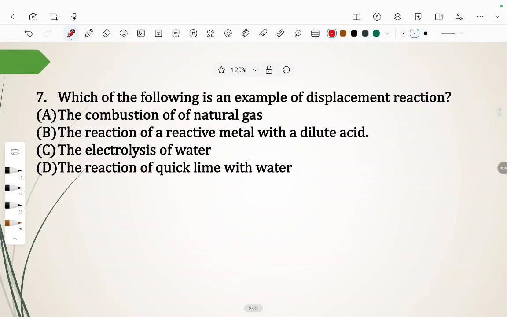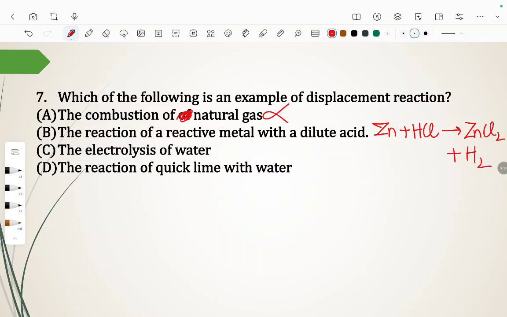Clearly you can see the combustion of natural gas. Is it true? Is it an example of displacement reaction? No. The reaction of a reactive metal with a dilute acid, yes. Like Zn plus HCl gives ZnCl2 plus H2 gas.